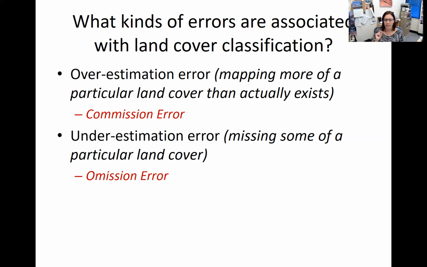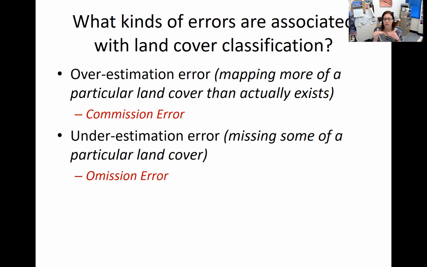And then the other error is the underestimation error. This is where you say it's not forest, but actually it is. You're looking for forest, you misclassify something as not forest and you miss it. That is omission error. So you're omitting some forest when you should have captured it. Commission is you're adding forest when it shouldn't be there.